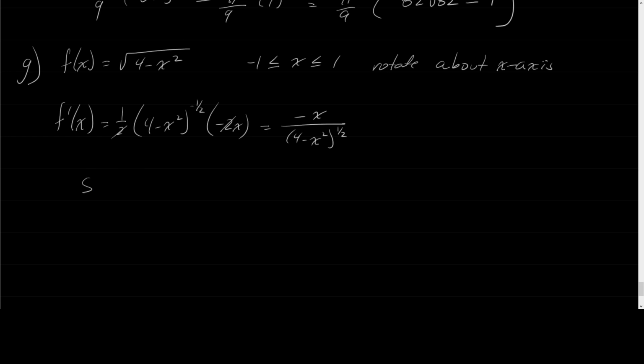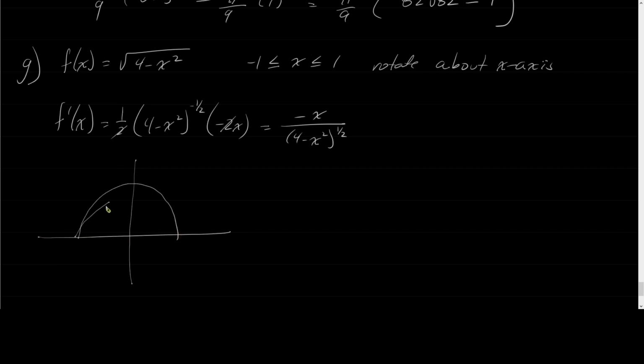We need to do the surface area, and the surface area is 2 pi integral from a to b, so that's -1 to 1, of our radius function. So let's get a visual here. Let's figure out what our radius function is. So this function, well, that's a semicircle. That's a semicircle of radius 2.